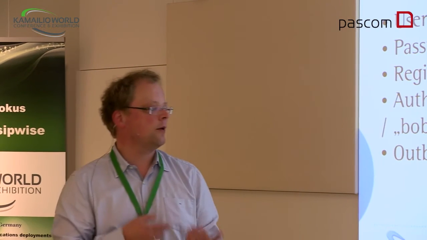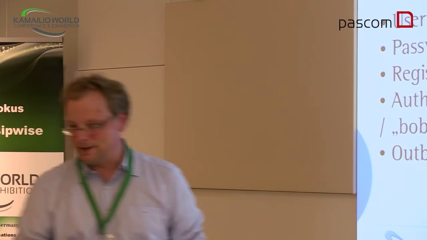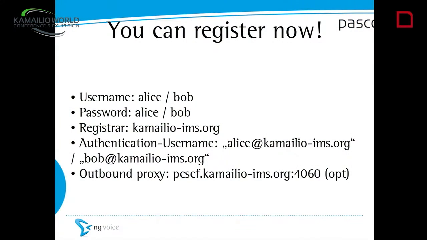Because all this quality of service assurance, all this quality of service agreements has to be done by the roaming partner because he controls his network. So that's basically why it's really done dynamically.